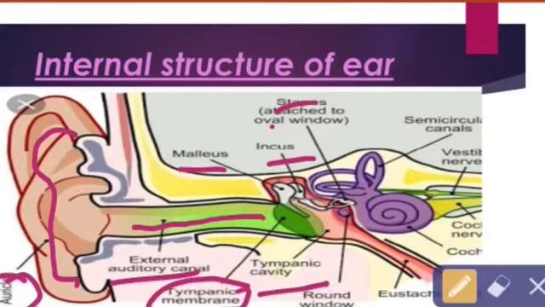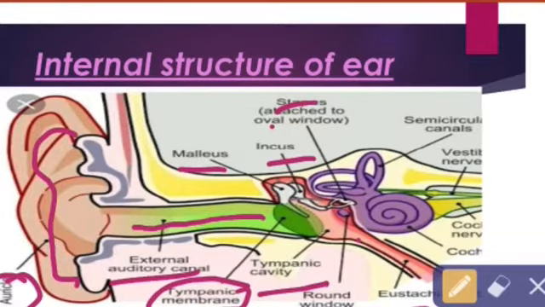There is also one round window at the lower side, and the middle ear is connected with the throat via the Eustachian tube, or Eustachian canal. This Eustachian canal helps in equalizing the pressure between the external auditory canal and the middle ear. The Eustachian canal is lying on the lower side, you can see here.